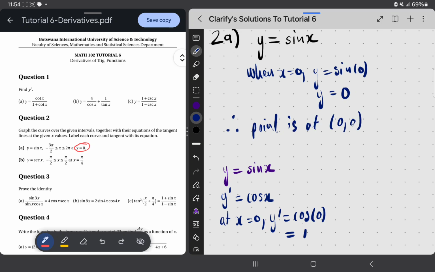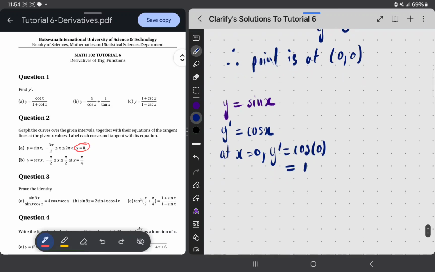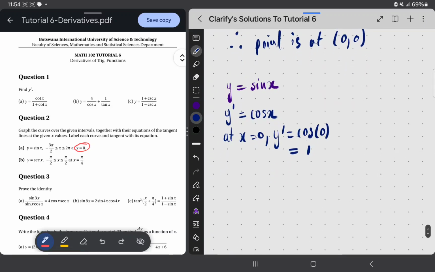These are the x0, y0. Now we need to find the derivative, which helps us find m. We got the derivative to be cos x. When you put the point where you are into the derivative, you get the gradient. So here we know the gradient is 1. Therefore, m is equal to 1.